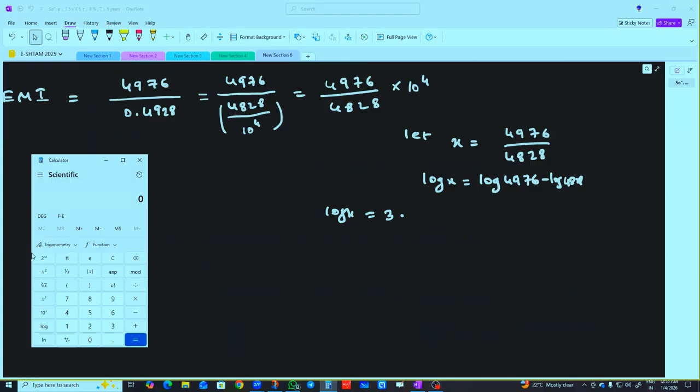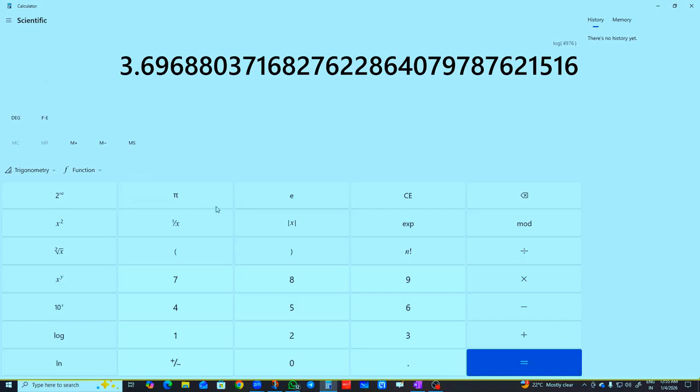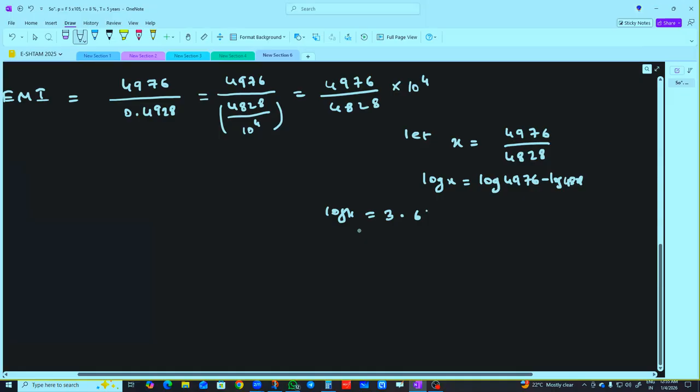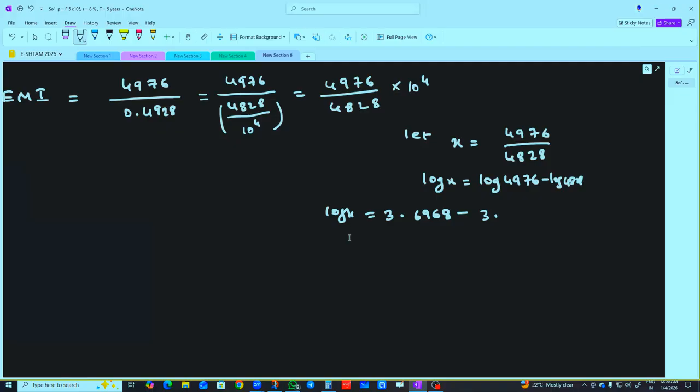So log 4976. What is the logarithmic value? 3.6968 minus 3.4828.